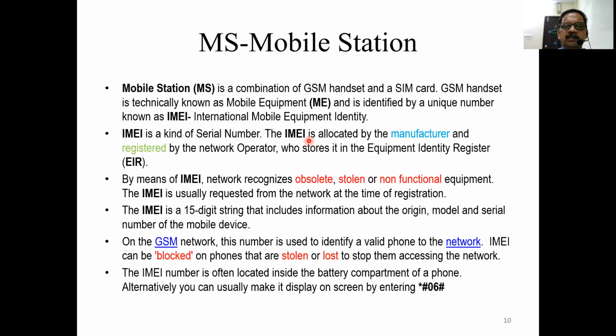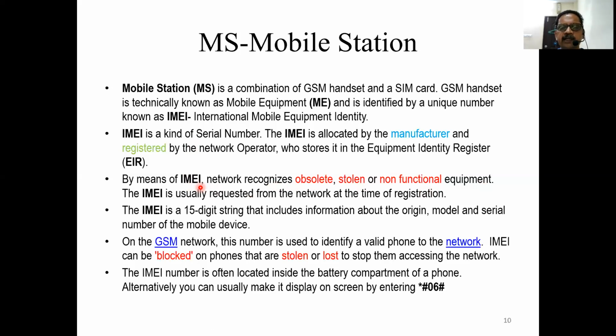If it is BSNL, BSNL stores it in its Equipment Identity Register. If it is Jio, Jio's EIR will register. If it is taking service from Airtel, Airtel will register. By means of the IMEI, the network recognizes obsolete, stolen, or non-functional equipment. Based on the IMEI, the GSM network can recognize which is obsolete, that is outdated, or which is stolen.